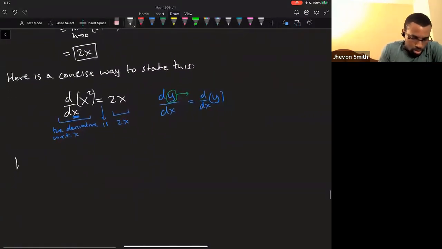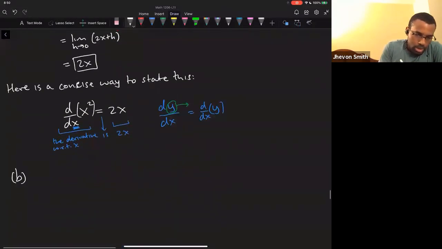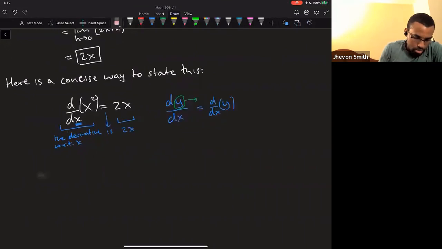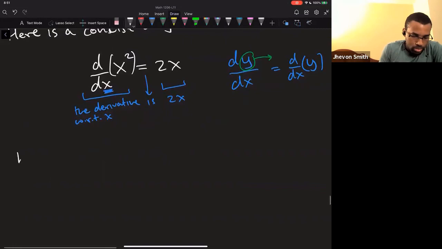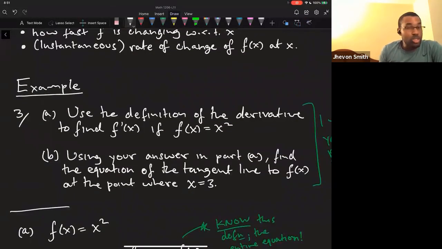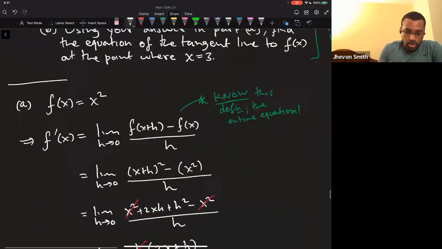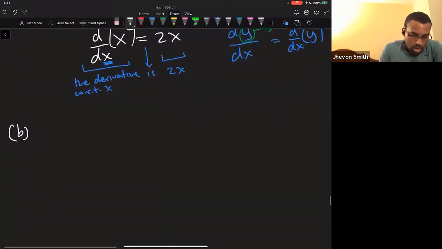Now, part B. I wrote that B very large in relation to the A. Part B says, use your answer in A to find the equation of the tangent line. So we know what the derivative is. F prime of x equals 2x.